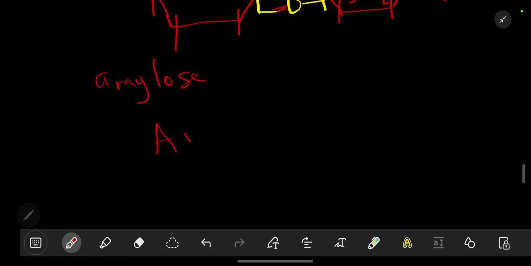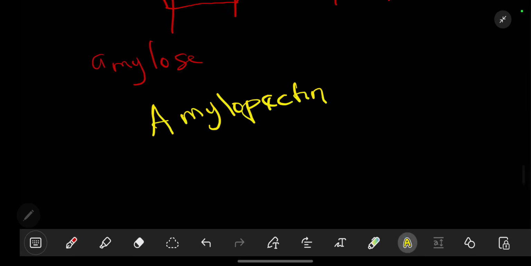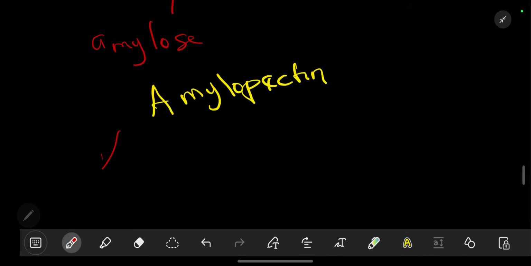Then when we look at amylopectin, this is the one that is formed when glucose, which is still the alpha glucose, combines in a 1-4 and a 1-6 glycosidic bond.